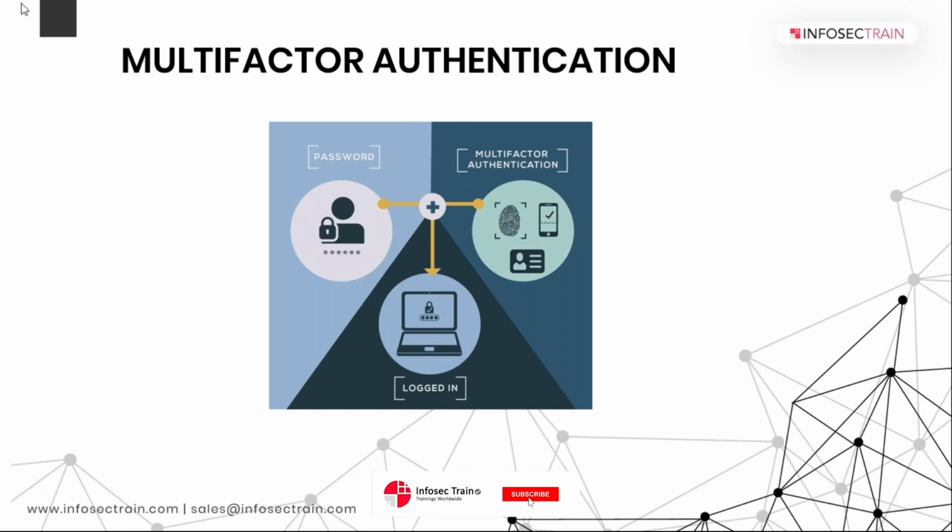Right, just writing it for you guys. In short, it is known as MFA, correct? Because single factor authentication can quite easily be compromised, right? A password could be, let's say, written down or shared with someone else. A smart card could be lost or stolen, isn't it?